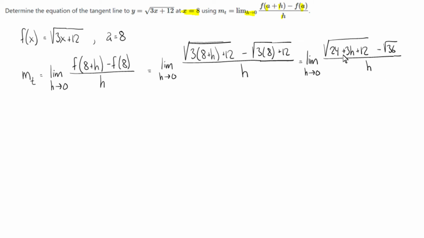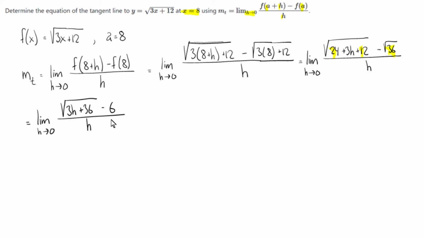We can combine 24 plus 12, and this is a perfect square, so we can take the square root of 36 to clean it up even further. So we have the limit as h tends to 0 of the square root of 3h plus 36, minus 6, over h.